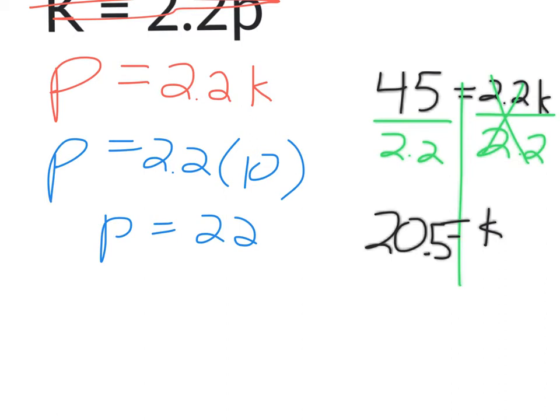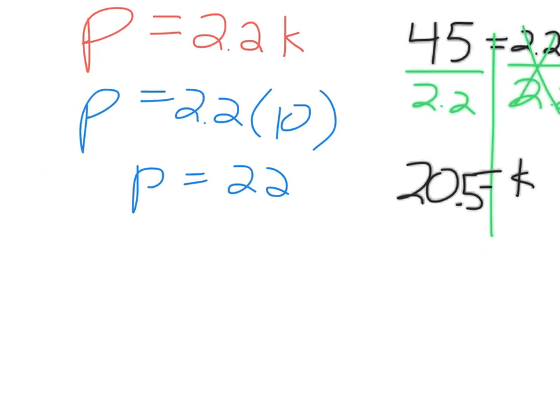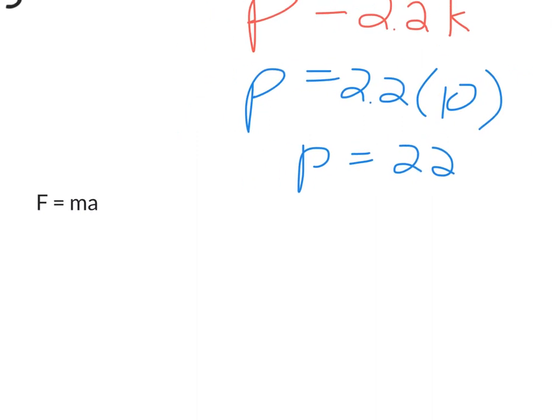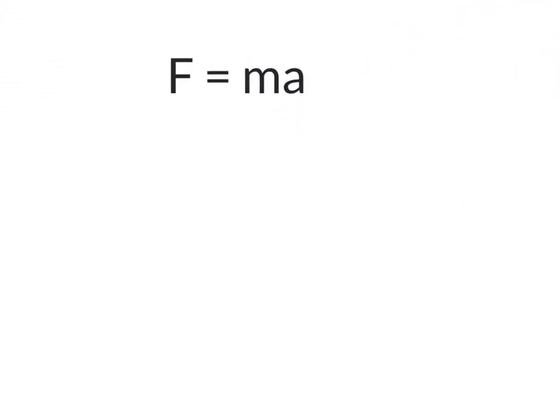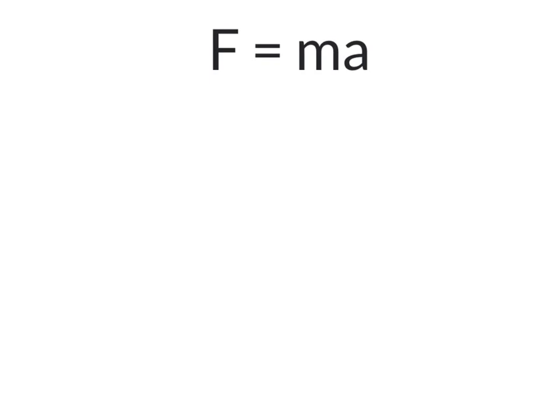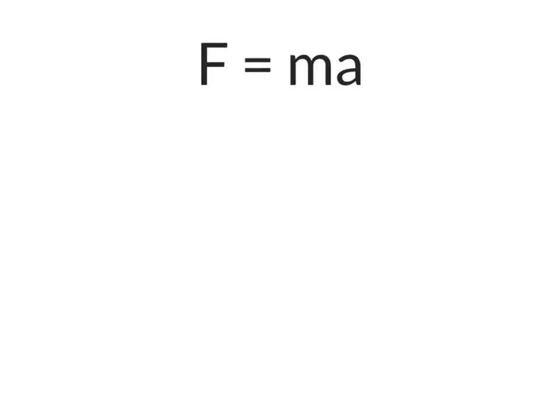Also, I told you guys yesterday that you're going to keep using equations in every math class you ever take from now on, in physics and chemistry, basically all your science classes. When you get to physics, which is all about how to build things and make things move, one of the equations you're going to see the most is F equals ma.